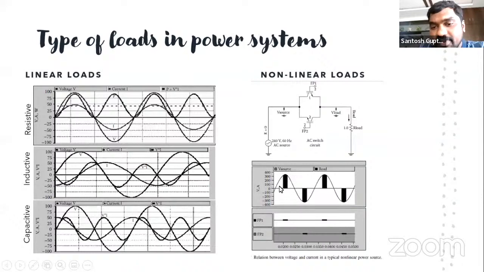At this point only you will have the current, and also on the negative side at this point only you will have the current, whereas at the remaining points you will have zero current.